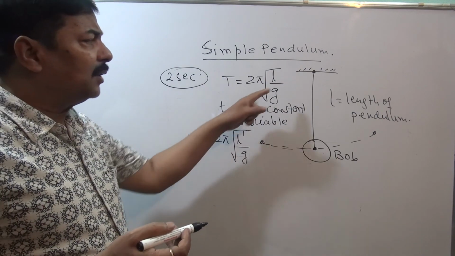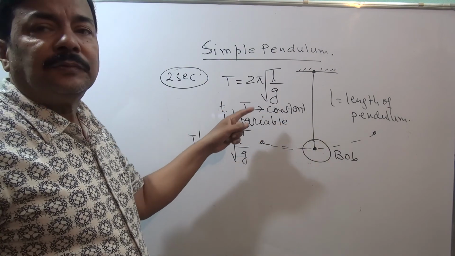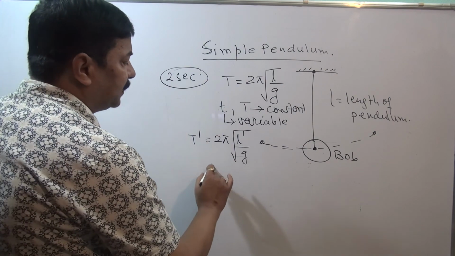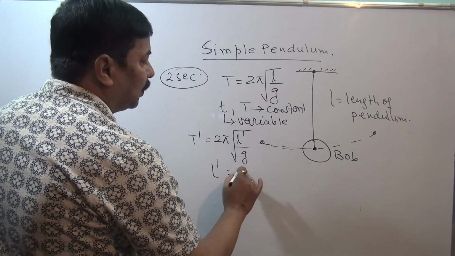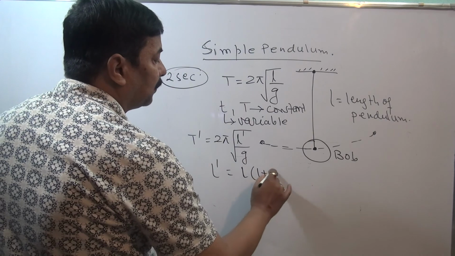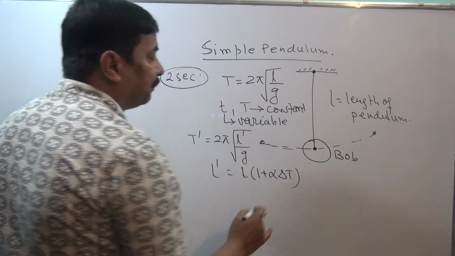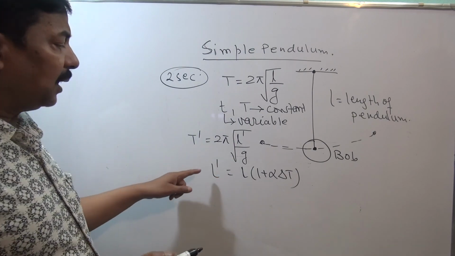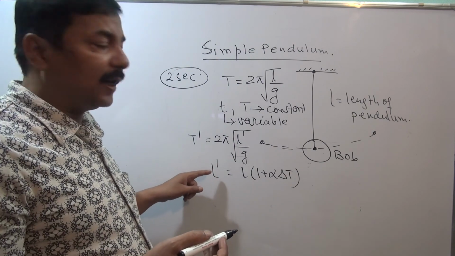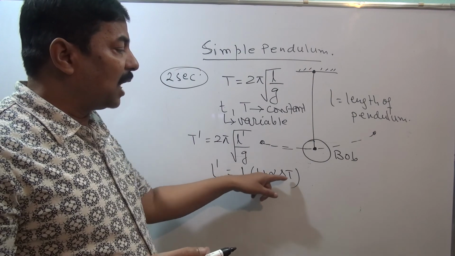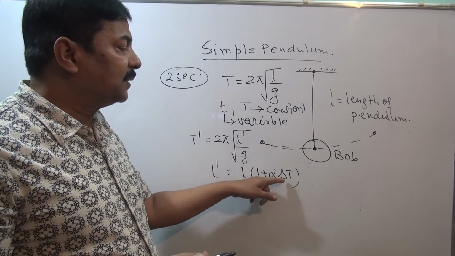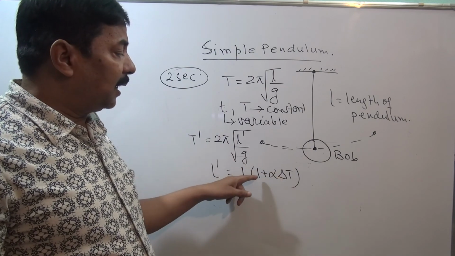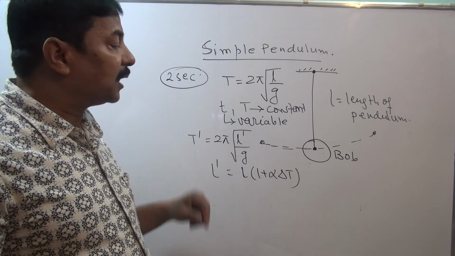L dash is the length of the simple pendulum when the temperature has changed. So in this situation, L dash is equal to L into 1 plus alpha delta T. As I have discussed this formula, the final length after temperature change is initial length into 1 plus alpha delta T, where delta T is the change in temperature and alpha is the coefficient of linear expansion.